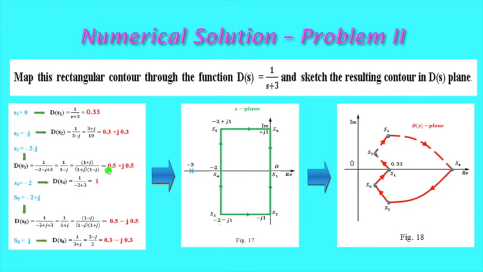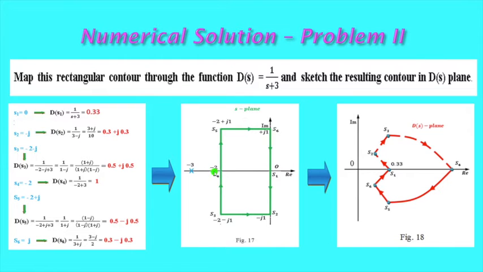Then S3 is equal to 0.5 plus j 0.5 in the D(s) plane. So this point is 0.5, that means imaginary part, and this is real part. All are positive. So 0.5 plus j 0.5. This is the S3 point.